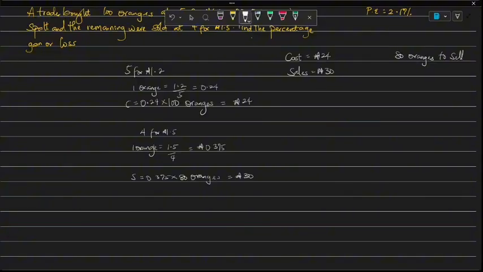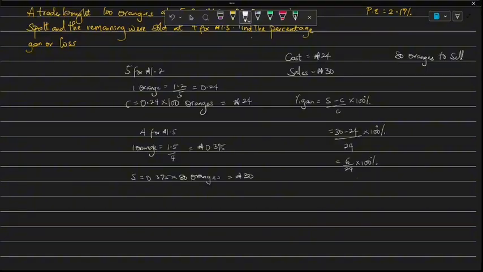Now, what do they ask us to calculate? The percentage gain or loss. Because the selling price is bigger than the cost price, we have a gain. Percentage gain is selling price minus cost price over cost price times 100%, which is 30 naira minus 24 naira over 24 naira times 100%. 30 minus 24 is 6, so I have 6 over 24 times 100%.